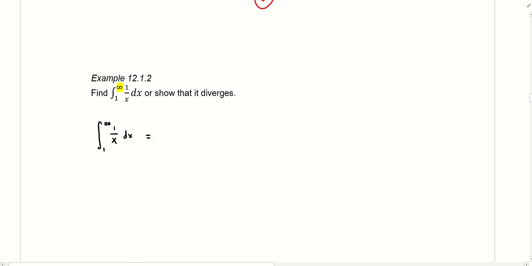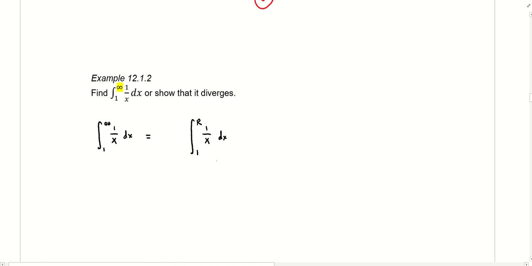And so I'm going to do basically just like I did in the above example. I'm going to say, okay, well, that infinity is going to cause me problems. I don't want an infinite limit in my integral. So I'm going to replace my positive infinity with r. Which gives me an integral I can evaluate using the evaluation theorem.